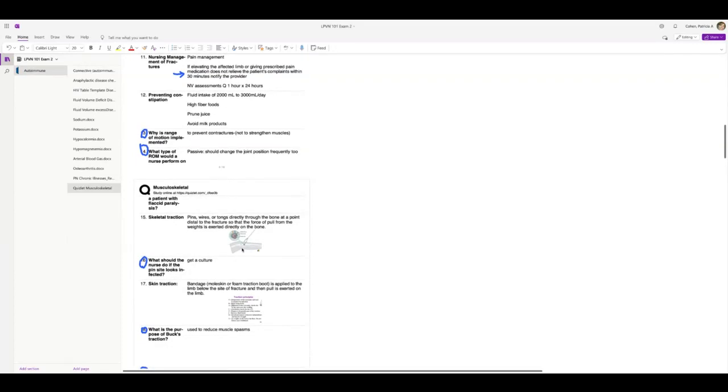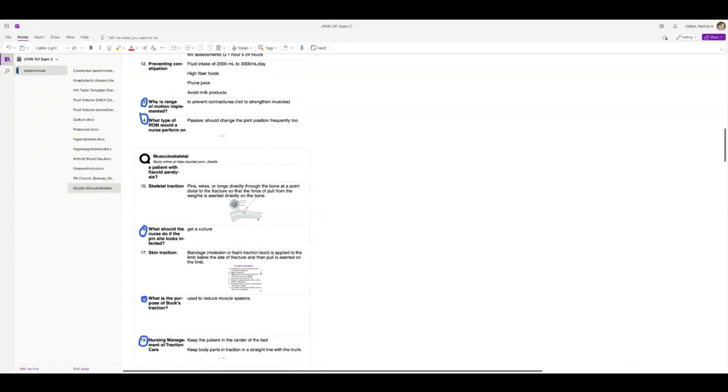So if you see this, the big deal about this or external fixators is that you have to check this site for infection and you're going to do care on it every shift, okay? You're going to take a Q-tip and wipe around it, one wipe, and you use one Q-tip per pin, okay? Because they could get osteomyelitis, okay?